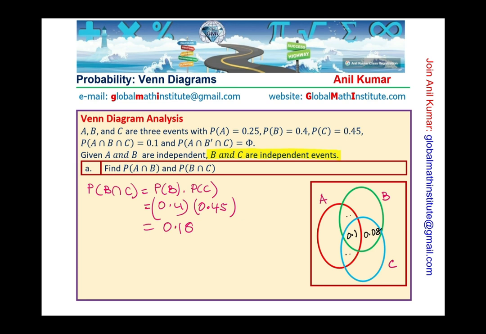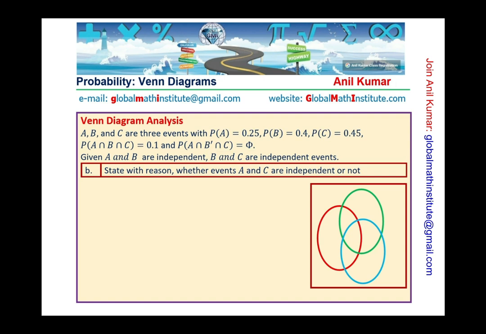So let's move on and further do our calculations. We just calculated A, B, and C. This was 0.08, right? State with reason whether events A and C are independent or not. So the probability of A and C. Let's figure this out.